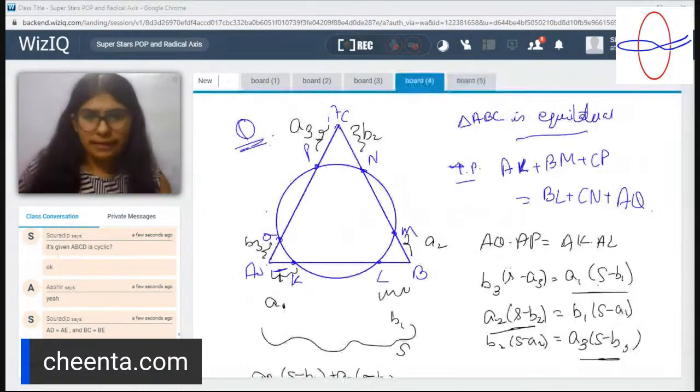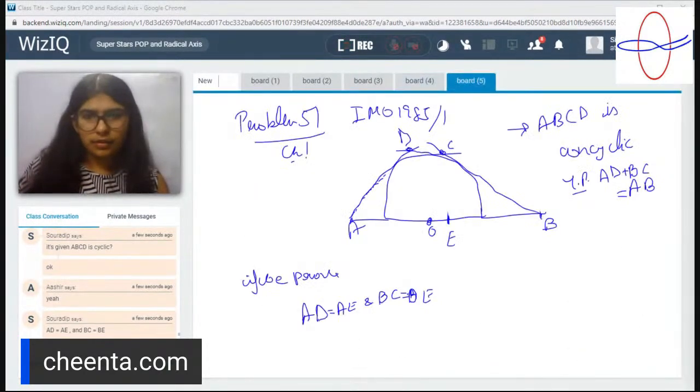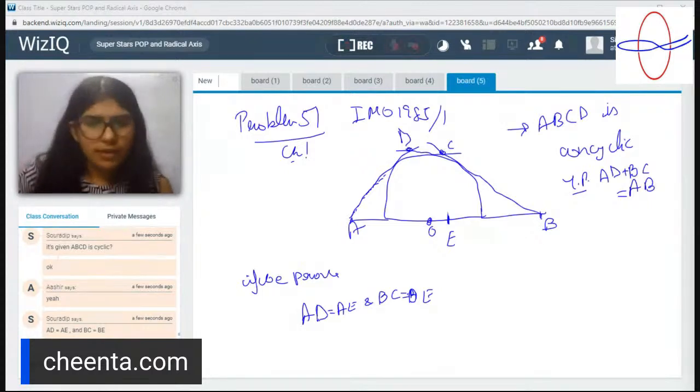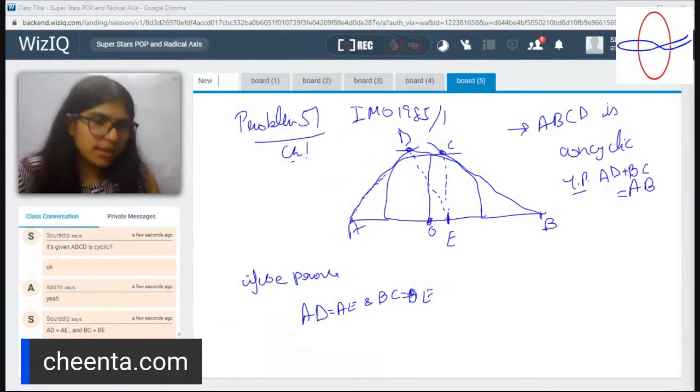Okay, so for the time being, let's assume that such a point E exists. It's a random point on AB. Let's see, if there's an existence of such an E, then what will happen?